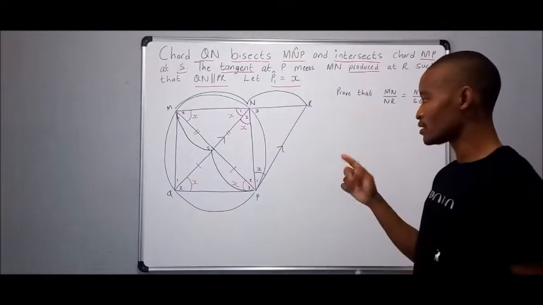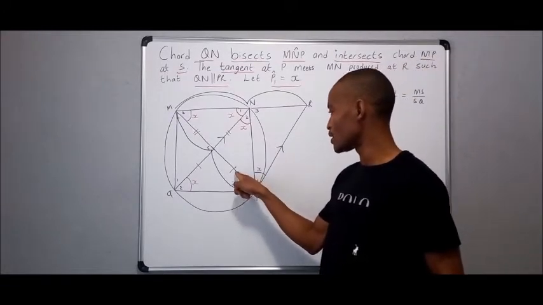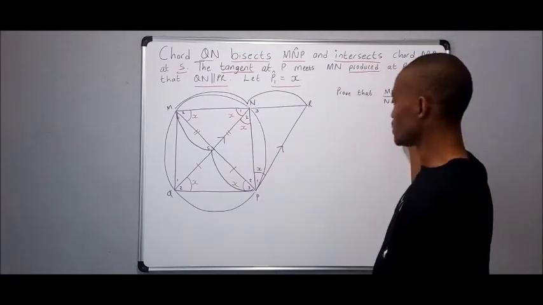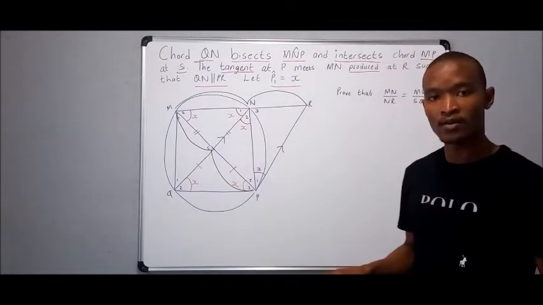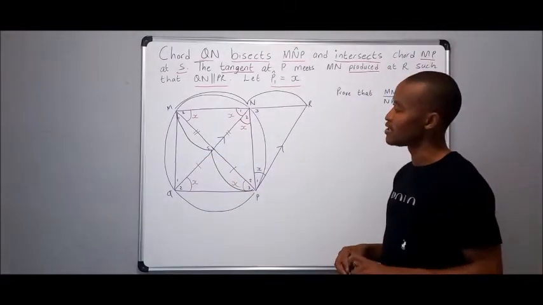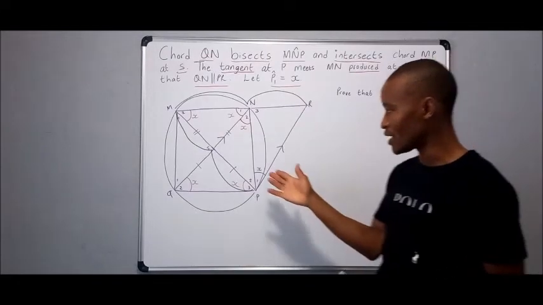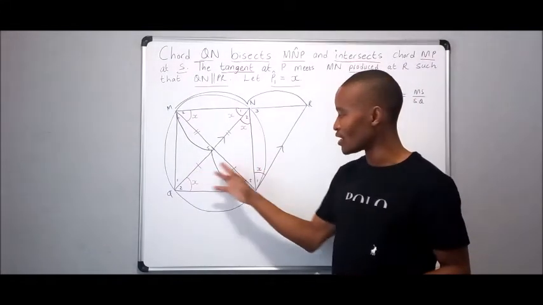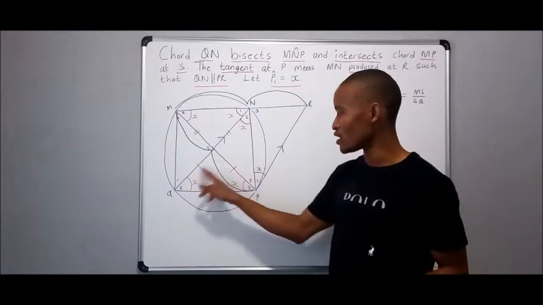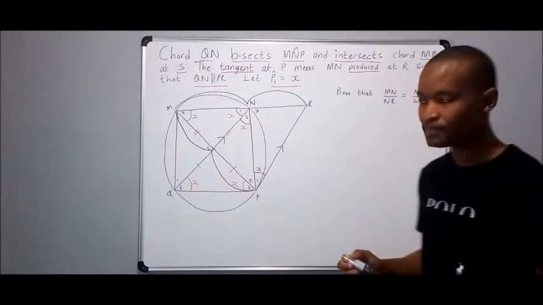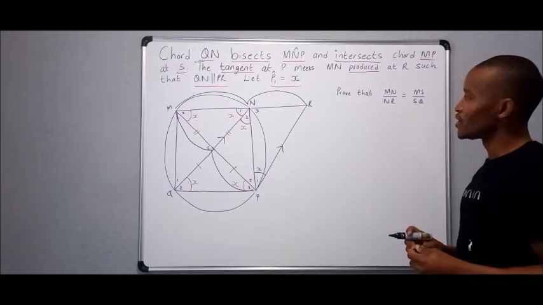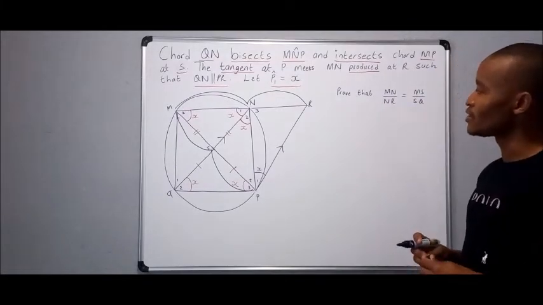So the intention becomes to prove that SP is equal to SQ, and that will be sufficient to prove this statement, which we have done already through the equality of SP and SQ, because we have observed that the base angles are equal. Okay, good. So I think we can go for it.